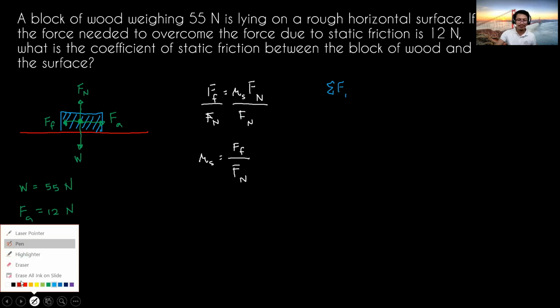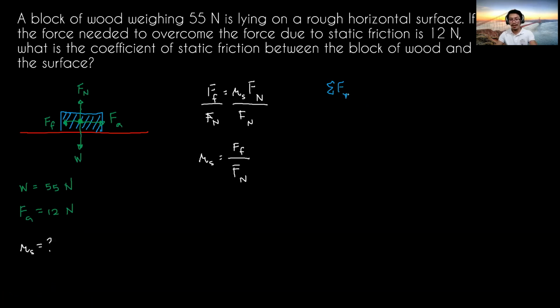The summation of forces along the y must be 0, and Fn plus negative W is equal to 0. That gives us Fn is equal to the weight. So Fn is checked, since that is just the weight.